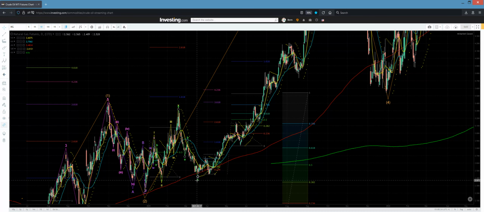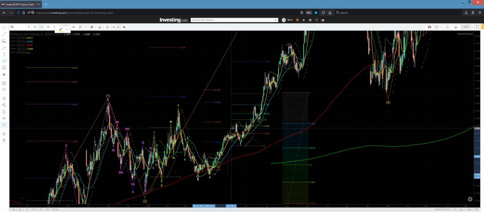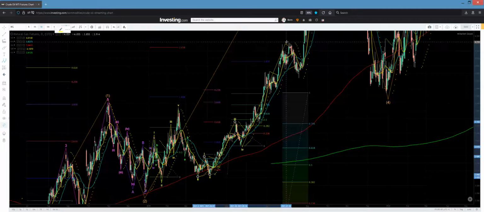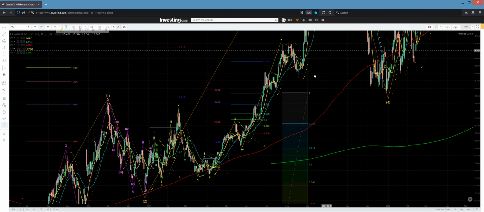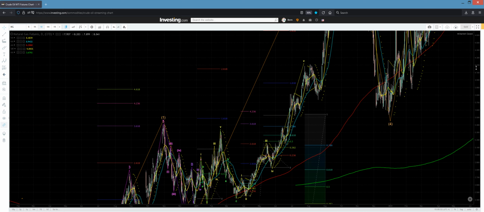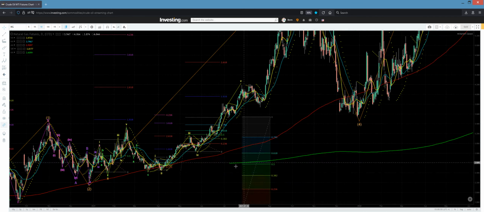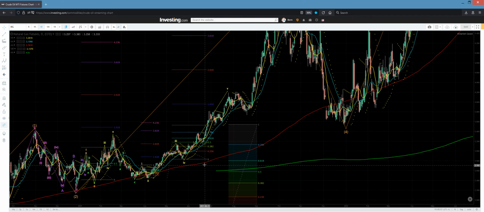So we're going to go back to 1, 2, saw that this is 3, 4. We could call this 5. Let's just do that for now. But this wave 5 had extended to the point where it's off into space.